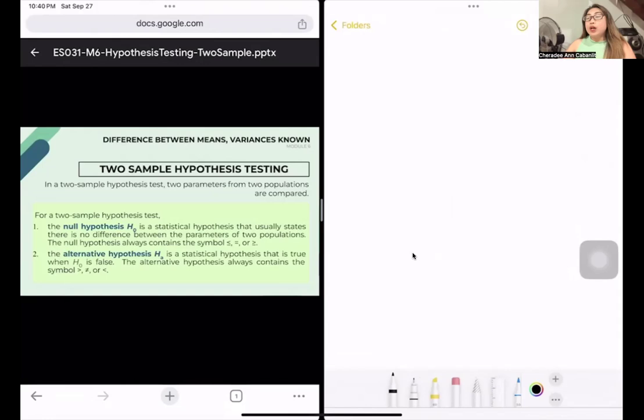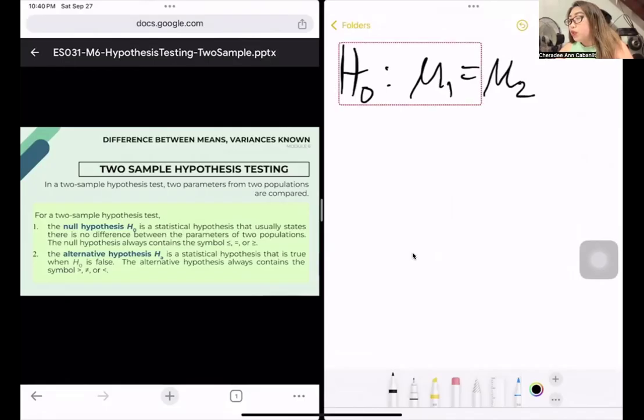Of course, we still do step one, which is to state the null hypothesis and the alternative hypothesis. Again, the null hypothesis only takes equality, and the alternative hypothesis can take the inequalities. For example, the common way to write the null hypothesis for two samples is mu1 is equal to mu2, or we can also write that as mu1 minus mu2 equals 0.